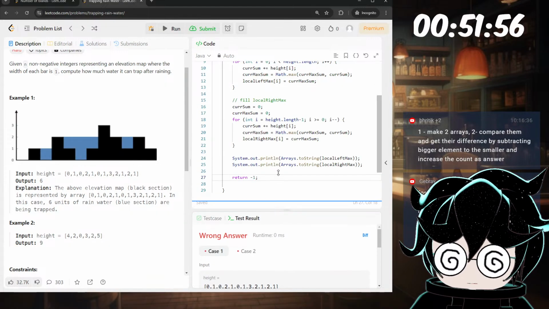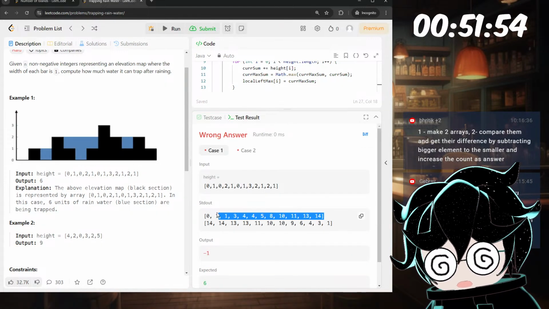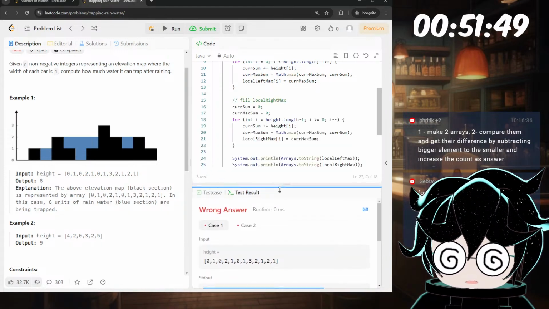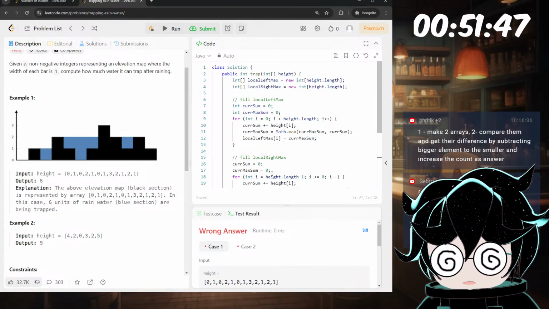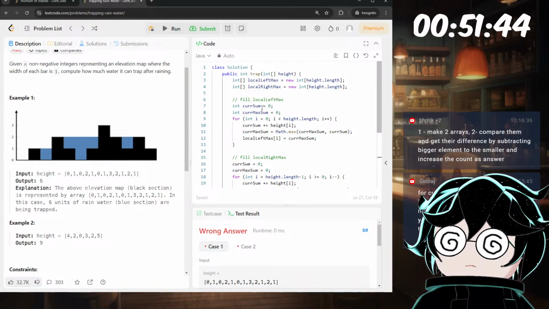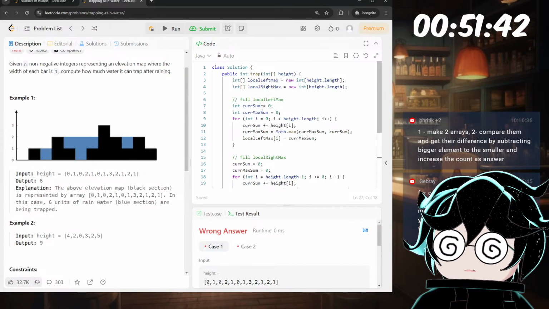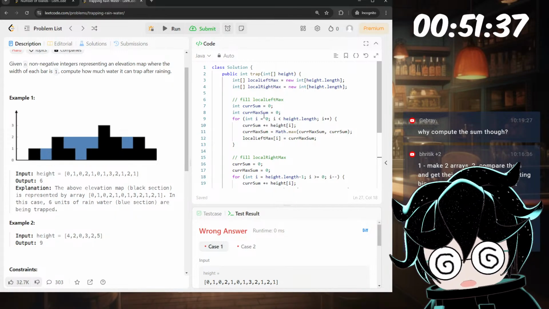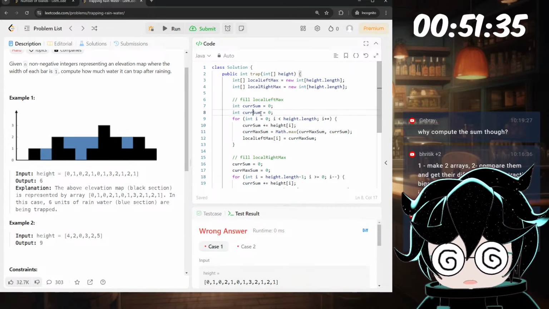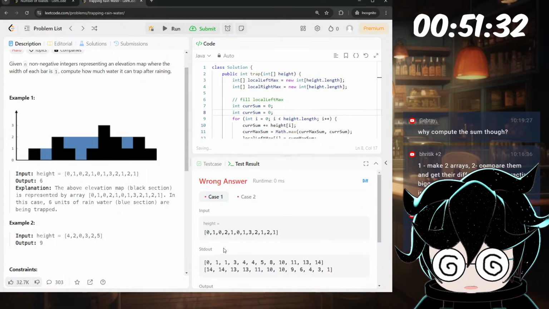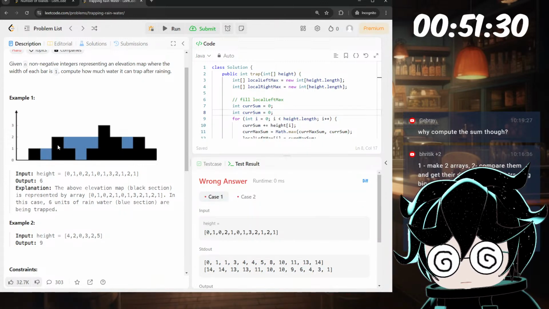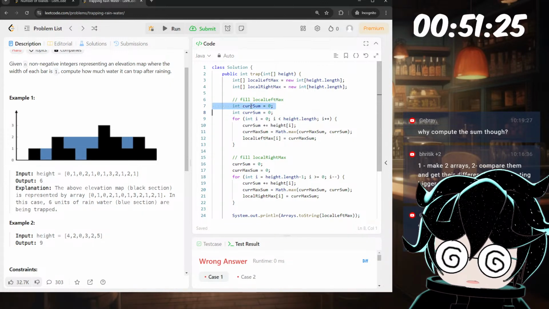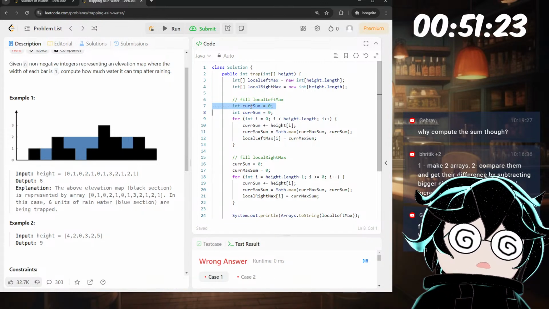Oh wait, I don't need the sum, do I? I just need the biggest value. Okay, I'm doing this wrong. I don't need the current sum. That's useless to me. I just need to keep track of the current biggest one. I was going about this wrong.